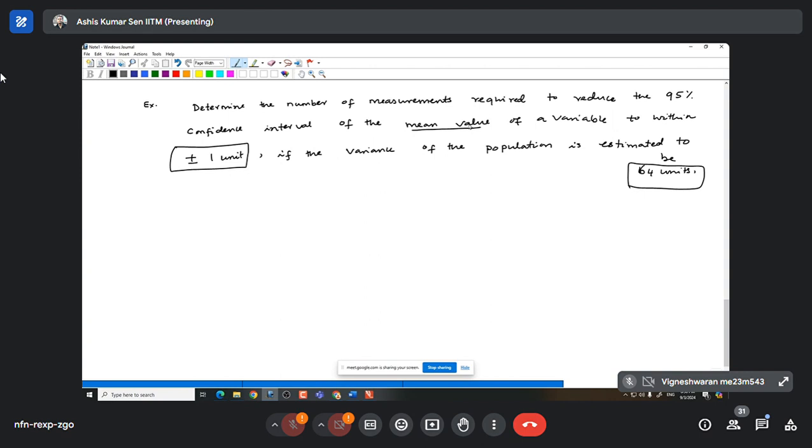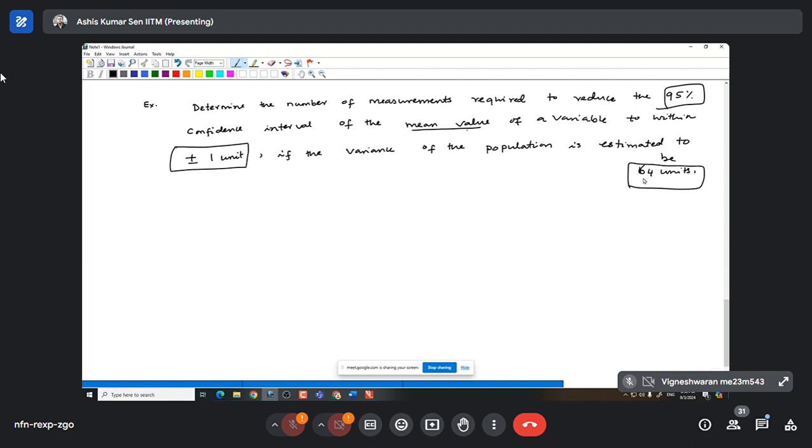You want to find the number of measurements required so that the data must be within plus minus 1 unit of mean value at a 95% probability when the variance is 64 units. Okay, so that is the question.